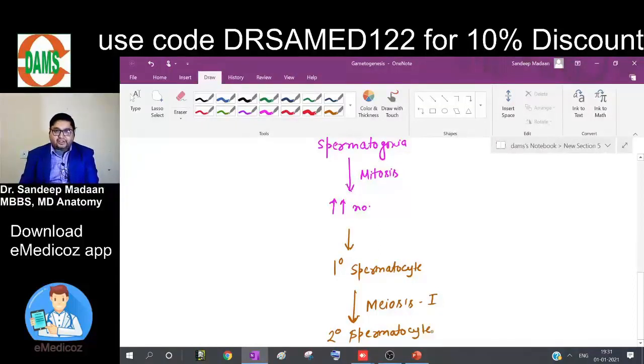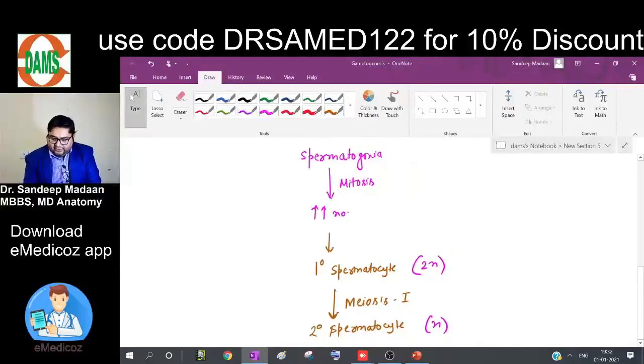So the secondary spermatocyte formed here is haploid. That means the primary spermatocyte was diploid, and spermatogonia was also diploid. The cells were diploid, and only after meiosis 1 did they become haploid. Is that fine? Very good.